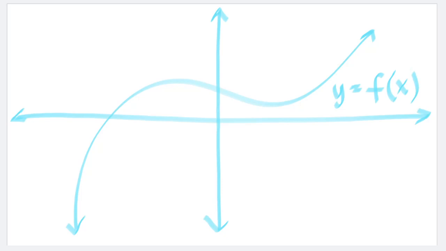Okay. Now for a certain value here, let us say for a certain value c, you want to know at what value will the graph approach when your x approaches c.